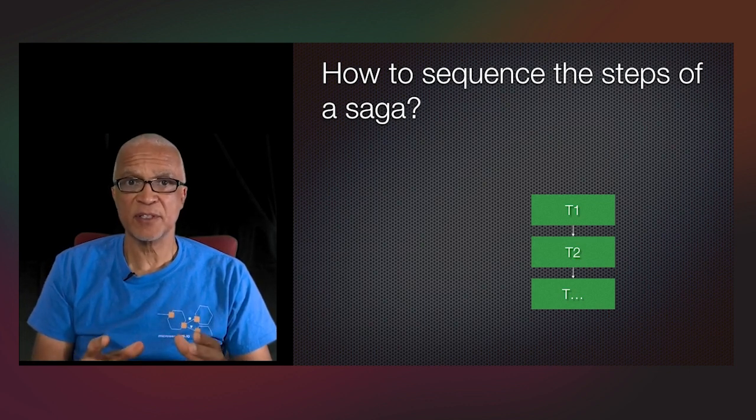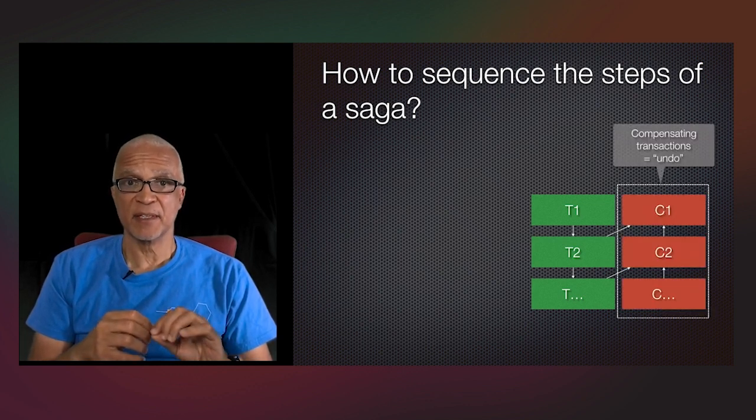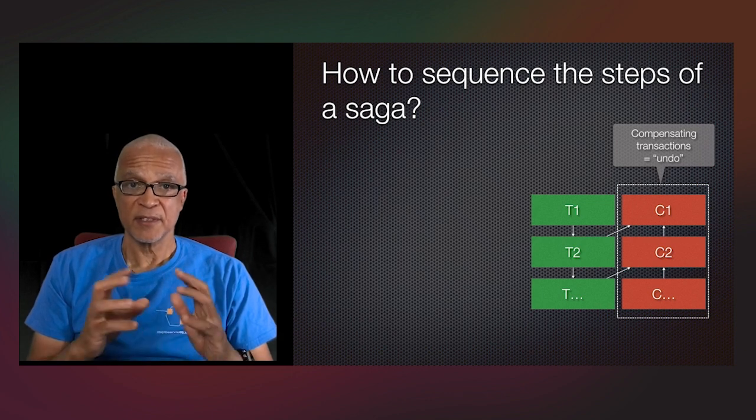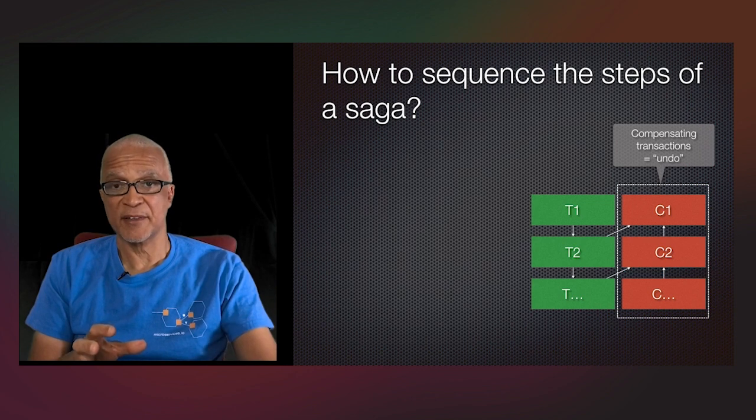Abstractly, we can view a Saga as a sequence of steps, T1, T2, T3, and so on. Each step, except the last, has a corresponding compensating transaction. C1 undoes what T1 did, C2 undoes T2, and so on. The T transactions are executed one after the other.